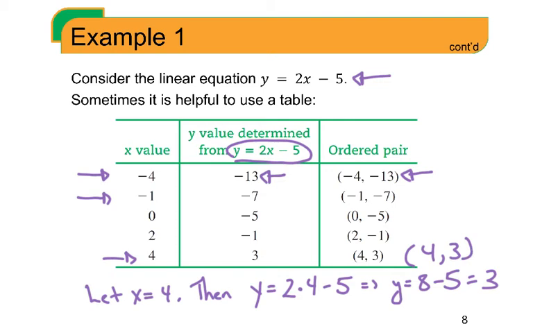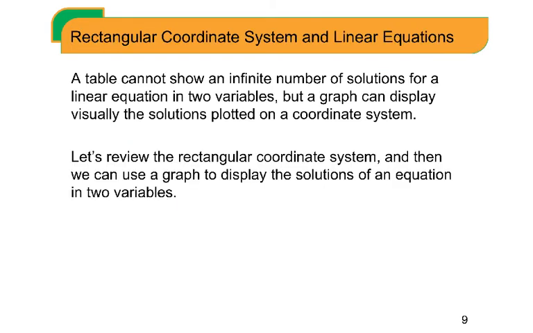So sometimes this is useful in some applications. So you should just know what's going on in this table. This is how to get 1, 2, 3, 4, 5 solutions to this equation. Of course, a table cannot show an infinite number of solutions. So we like to use a graph to display all the solutions.